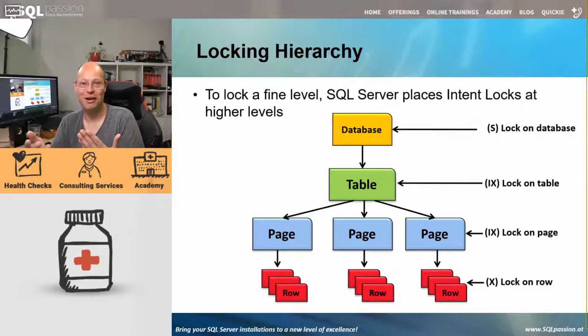So 96 bytes today is almost nothing for me. But imagine you are dealing with tables where you have millions, maybe billions of rows, and SQL Server has to store a lock for every record.